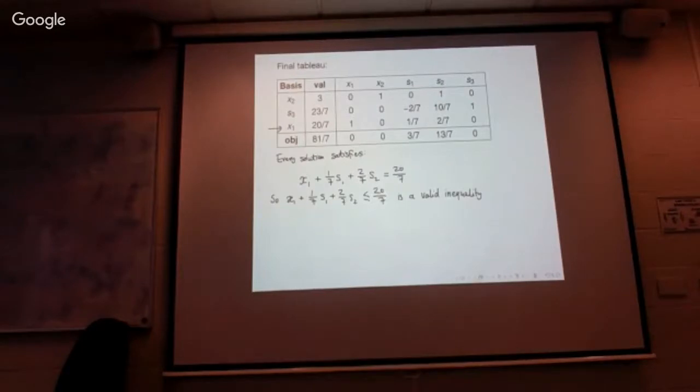So now I can do my trick. What's the coefficient of x1? 1. Rounded down, still 1. For s1, it's 1 over 7. Rounded down, 0. 2/7, rounded down, 0. So they go to 0, and x1 is less than or equal to 20/7 is a valid inequality.